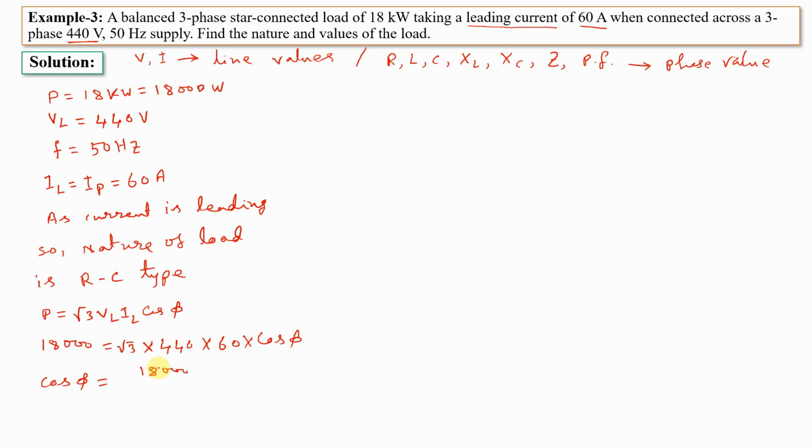It will be 18,000 upon root 3 into 440 into 60. And after calculation, we will get the power factor as 0.3937, and it will be leading because the circuit is resistive capacitive, that we have already identified. Hence, the power factor will also be leading in nature.